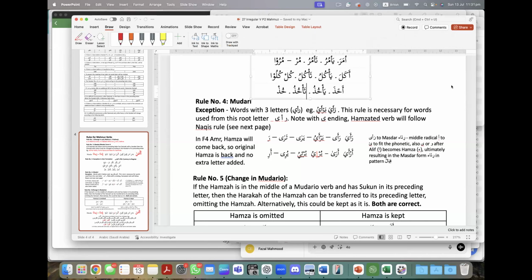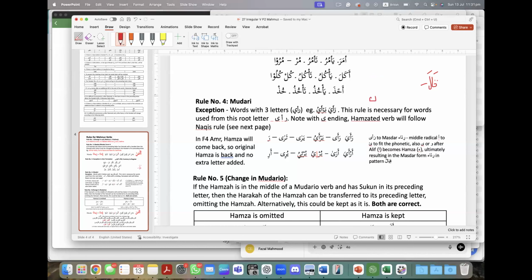We are doing the tabdil process for qala. Qala, what is the mudari? Everybody knows?